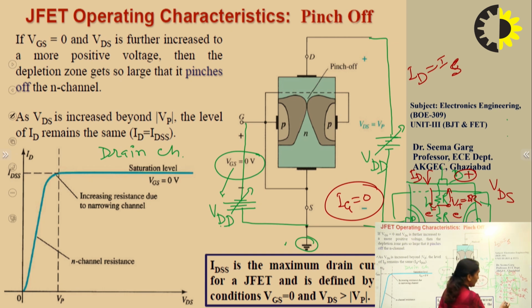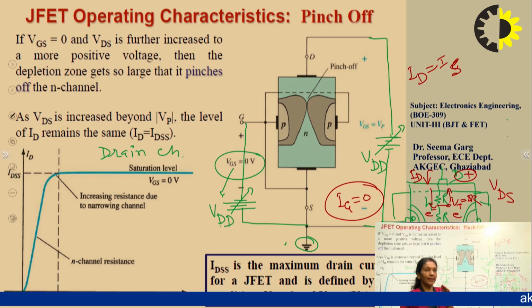And at the end, if this is the nth resistance, it will be N times ID into R. So you can see that the voltage drop here is less in comparison to the voltage drop here. Here you get the maximum voltage drop and here the minimum, and these voltages are nothing but the reverse voltage, because the drain terminal is reverse biased.